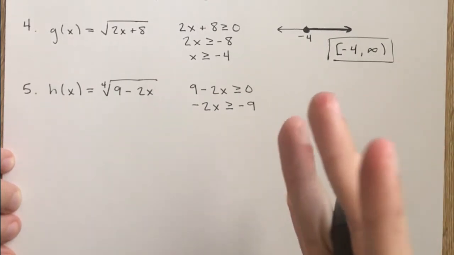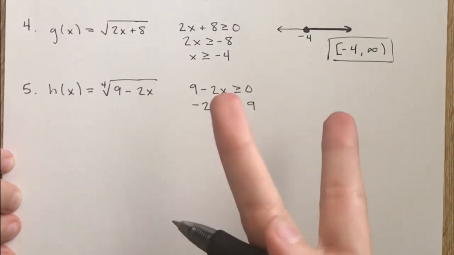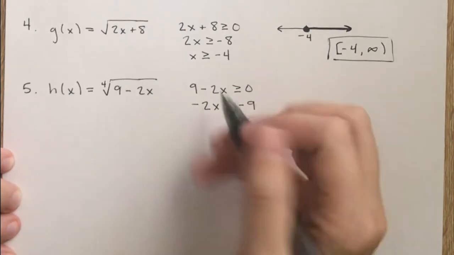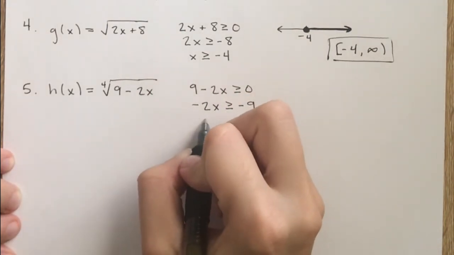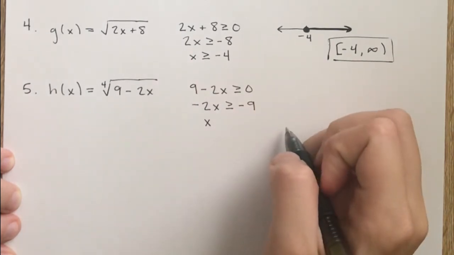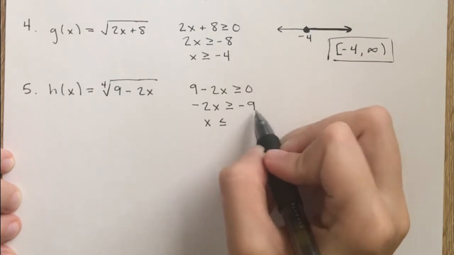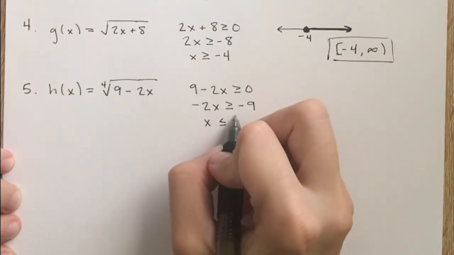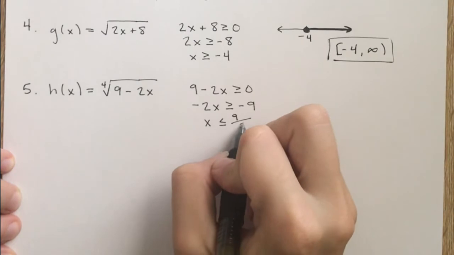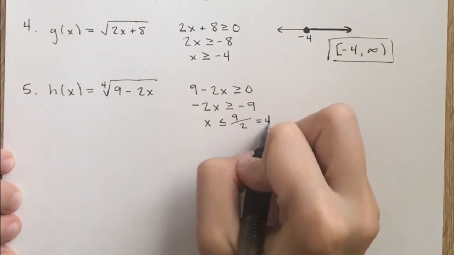That's what we're doing when we divide or multiply by a negative, but I also have to flip the sign of the inequality. So I divide by negative 2 on the left, I flip the sign of the inequality, and then I divide by negative 2 on the right. So I have 9 over 2 or 4.5.